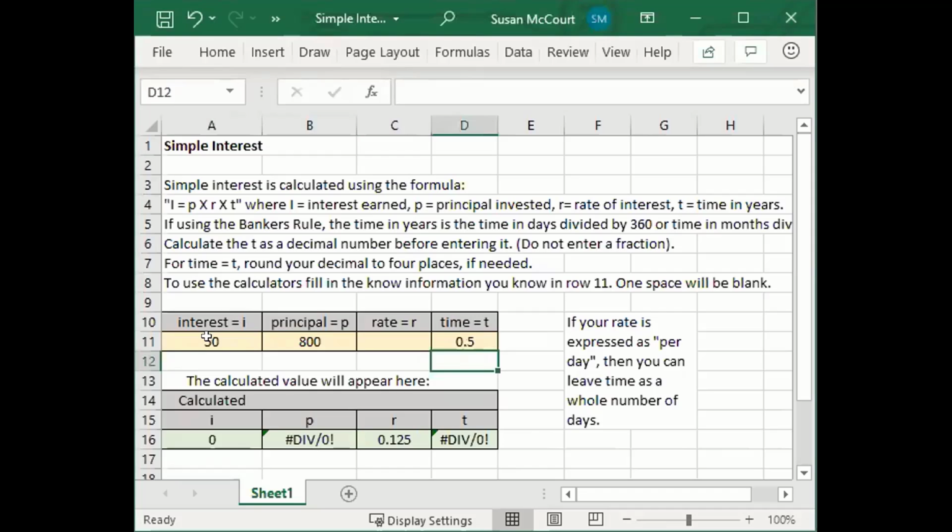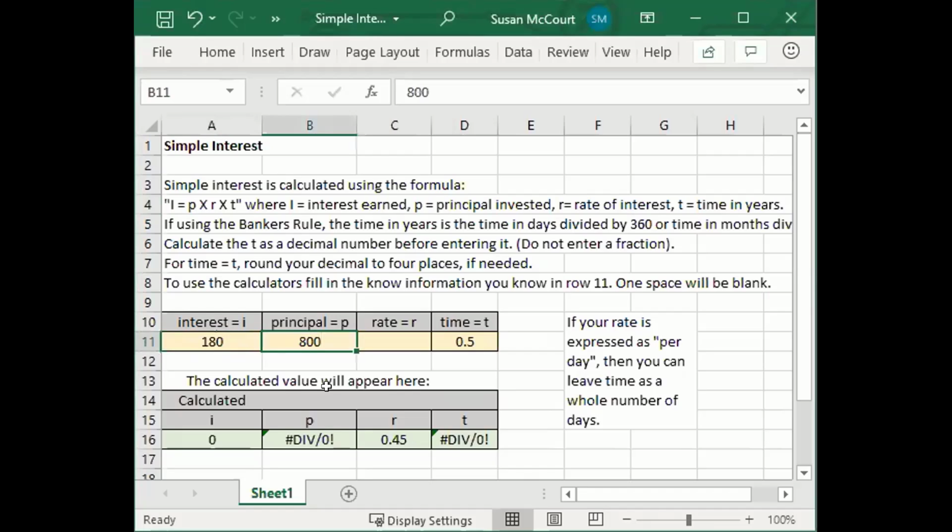In the second case, her interest was $180.